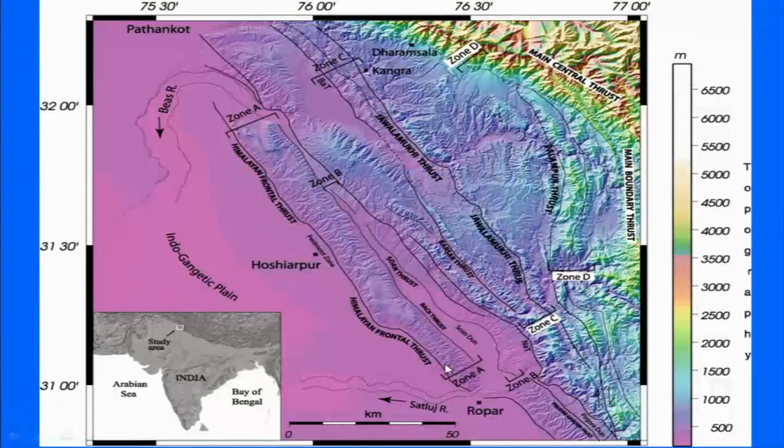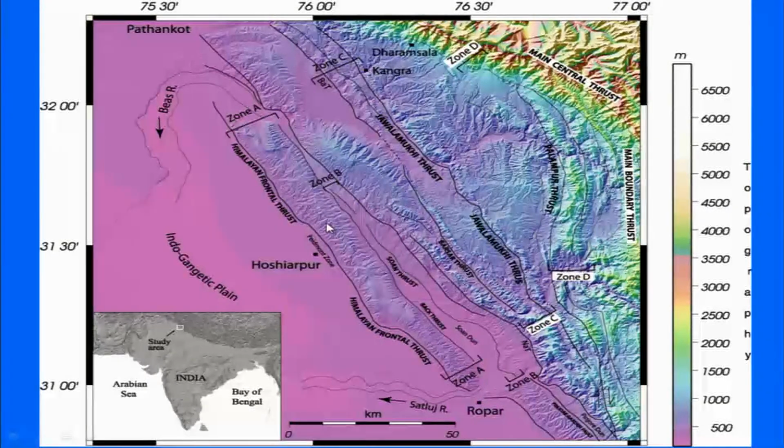This is a longitudinal fold. So, this is the strike of the fold, or the fold axis is in the center, and the drainages are flowing in either direction, in different directions.